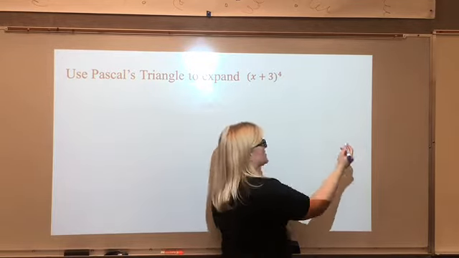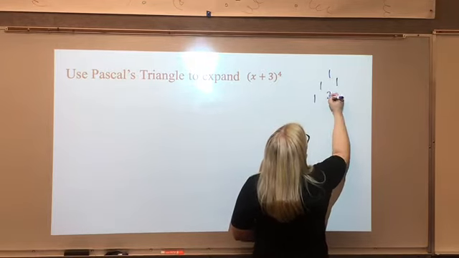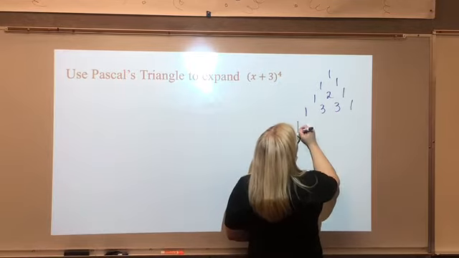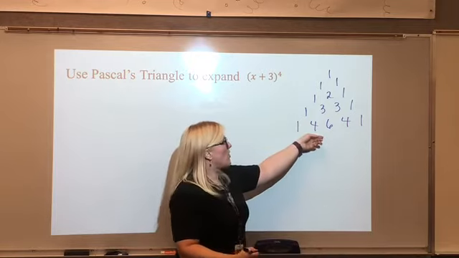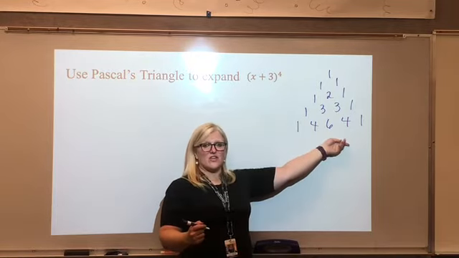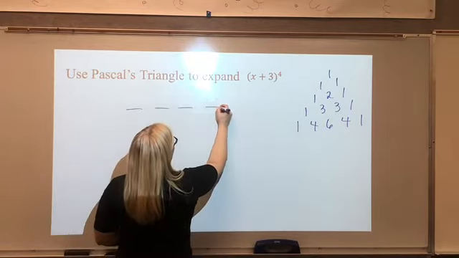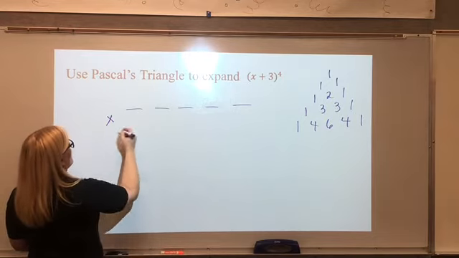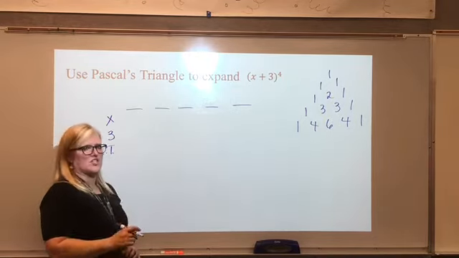I know I just erased it, but here's our 0th row, 1st row, 2nd row, 3rd row, and our 4th row. So my 4th row has 5 terms. So 1, 2, 3, 4, 5. And I've got my x value, I've got my 3 to worry about, and I have my Pascal triangle coefficients.